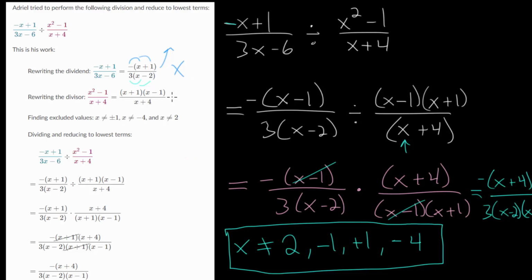Does look like they factored the difference of squares correctly, and they excluded plus or minus 1, negative 4, and 2. And then going through the division problem, putting in all the values that they have, even though this is not correct, we'll just assume it's okay for now just to see if everything else is right. And they changed it to multiplication.